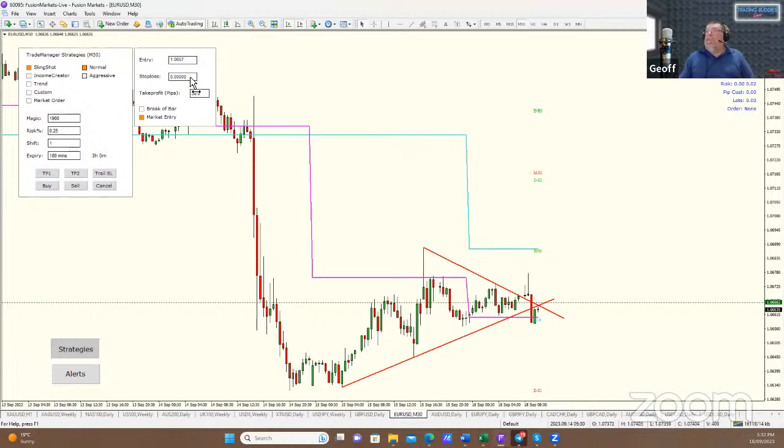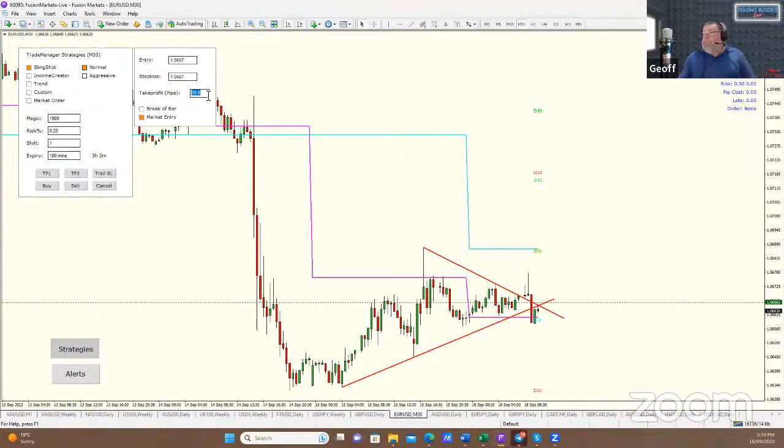Is the entry. Stop loss, we'll just sneak it above the resistance here. So we'll use that line, 1.0667, actually. We'll go up 1.